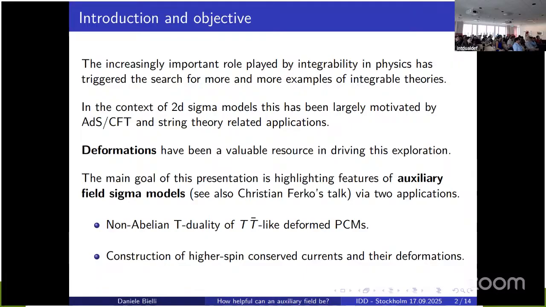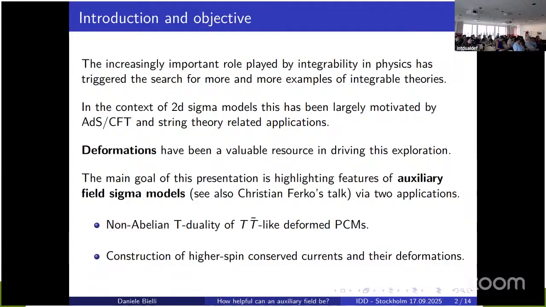The idea is to start with some theory that we understand to a certain extent and make it more complicated, deforming it in some controlled way, so that it preserves some properties we like, such as integrability. I will be focusing on this class of deformations, which Christian also introduced earlier today, these auxiliary field sigma models.